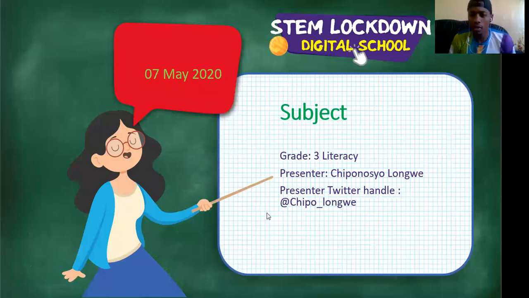I know everyone can hear me. It's also nice to see people from our numeracy lesson coming into the literacy lesson. It's grade 3 literacy. Let's work together. It's beautiful.